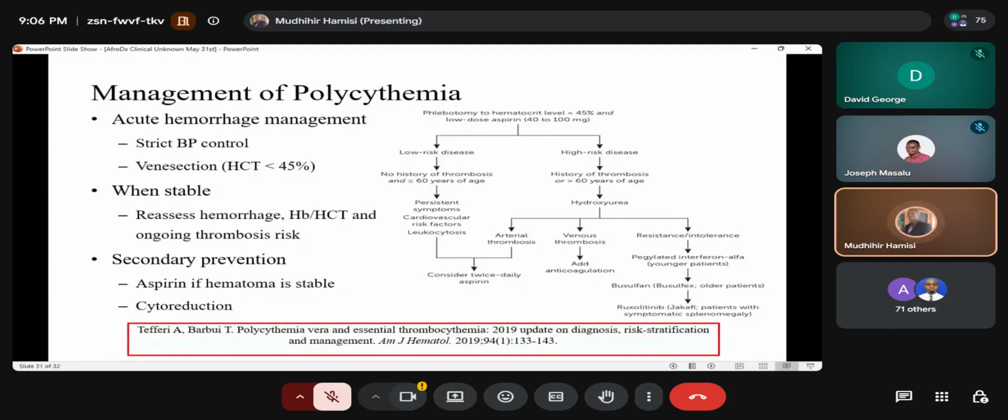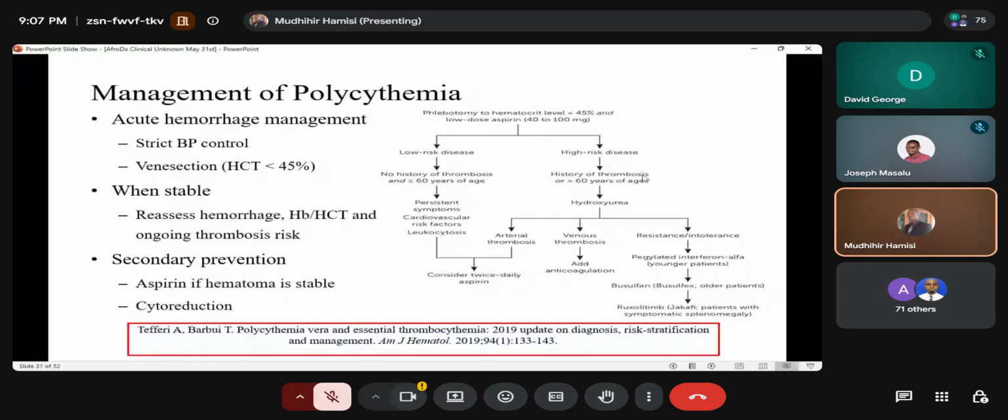So for a patient presenting with hemorrhagic stroke, we have to control pressure. We have to do venesection so that the pressure comes down. And when the patient is stable, we have to reassess the hemorrhage, Hb and hematocrit, and if there is any ongoing risk of thrombosis. If these are controlled, we can initiate aspirin and cytoreduction, whereby we give hydroxyurea, which tends to inhibit the bone marrow from releasing a lot of RBCs.